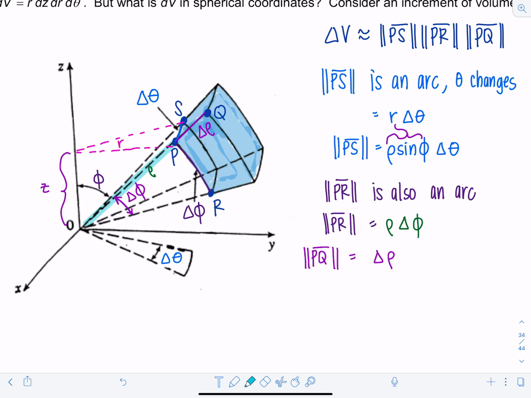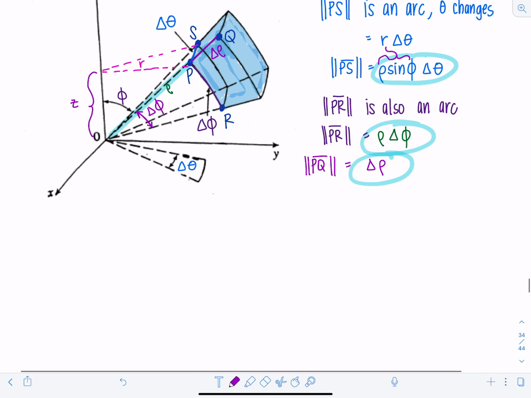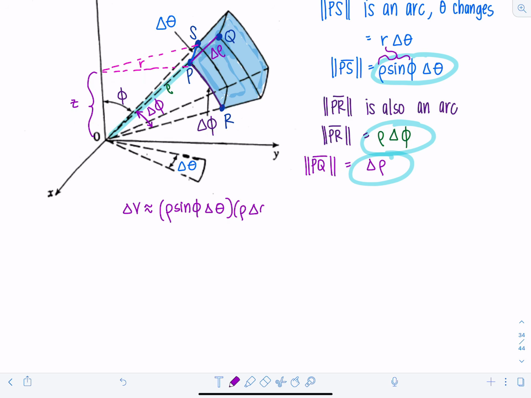Okay, so we're going to put it all together because remember, delta V was the product of all of these. So I'm going to take rho sine phi delta theta times rho delta phi times delta rho. So where does this put me? Delta V is approximately equal to rho sine phi delta theta times rho delta phi times delta rho. And then what do we do?